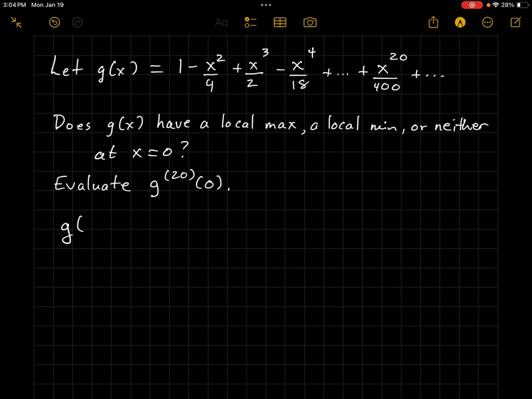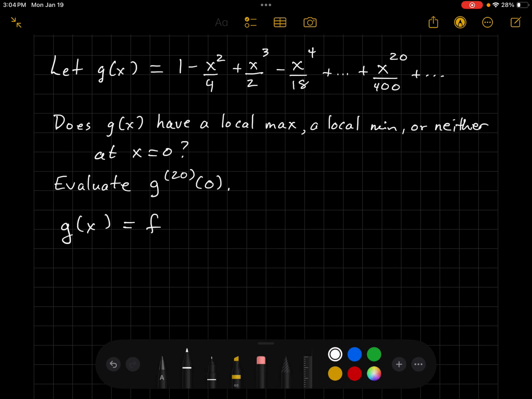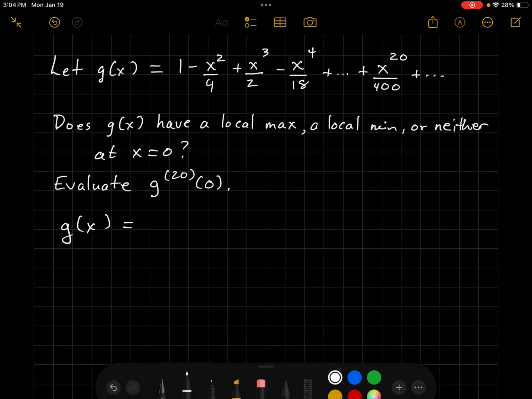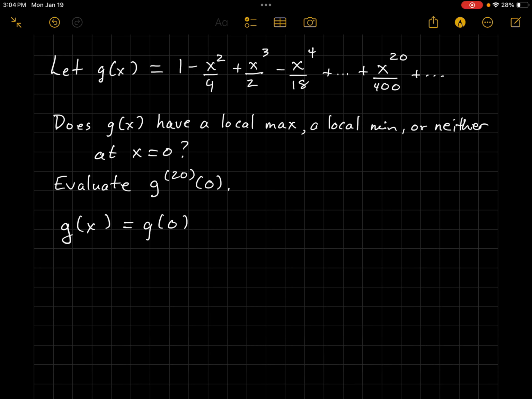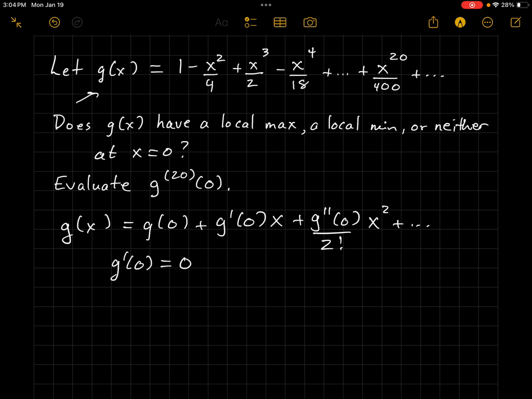Well, remember that g of x is g at 0 plus g prime of 0 times x minus 0 plus g double prime of 0 over 2 factorial times x minus 0 squared, and etc. Since we are missing the x term in my series, that tells me that g prime of 0 is 0.